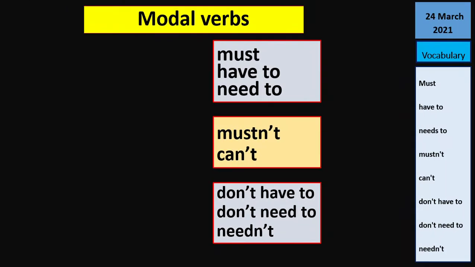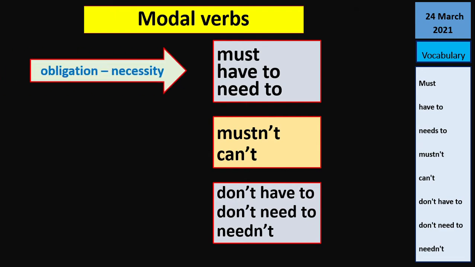needn't. Okay, today we are going to talk about the modal verbs, which are must, have to, and need to. We use them for obligation or necessity, things that you must do, or you have to, or you need to do.